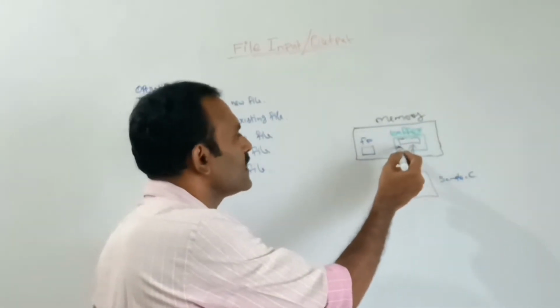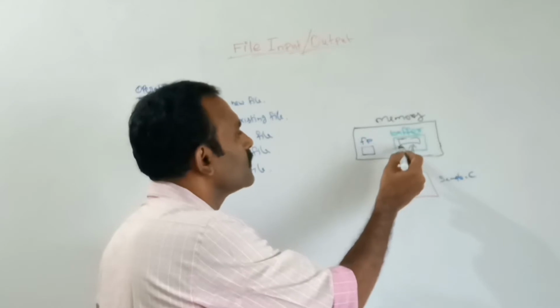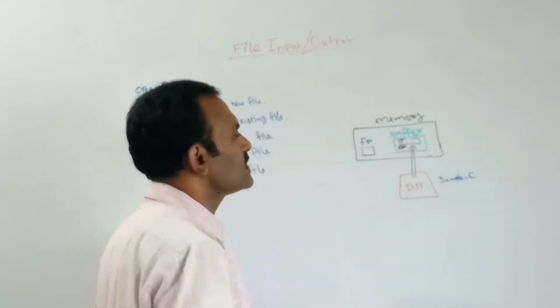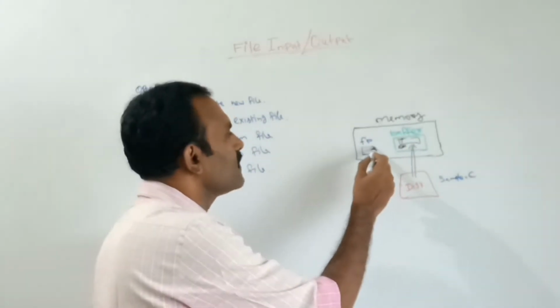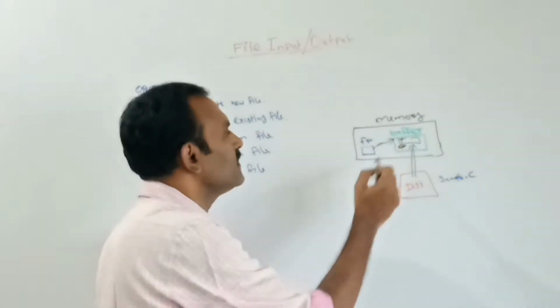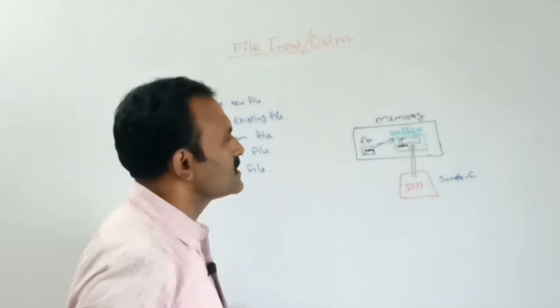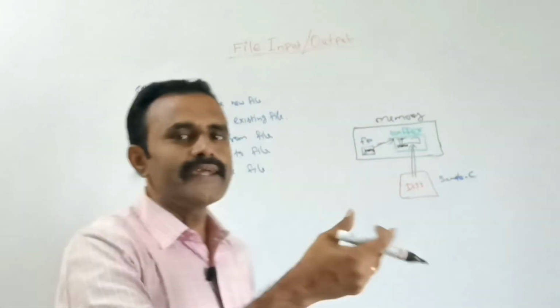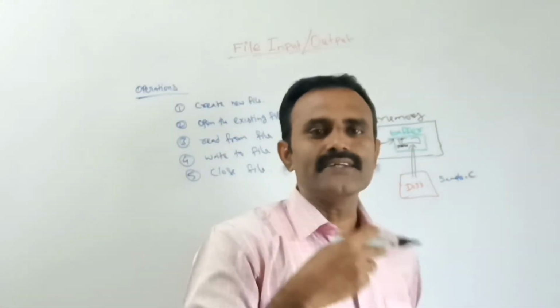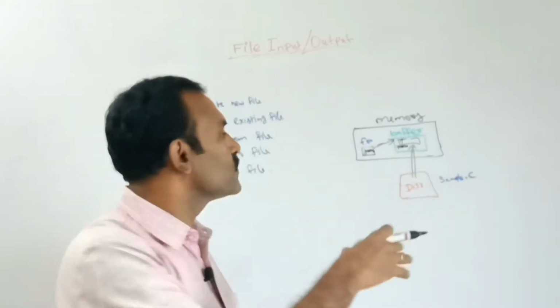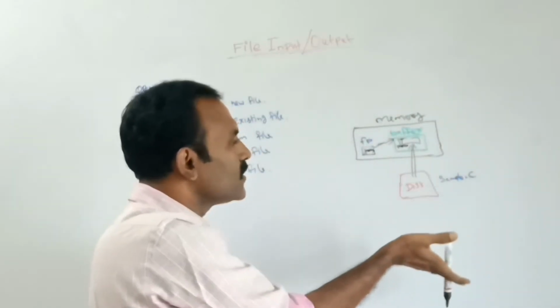For example, let us assume the base address is 1000. With this file pointer variable we can access that base address. After that we can read or write the content inside the buffer. Next, only after that step it will be stored to the disk.